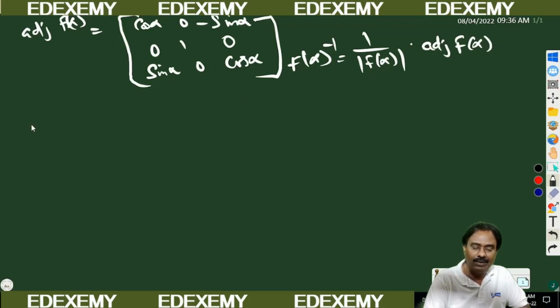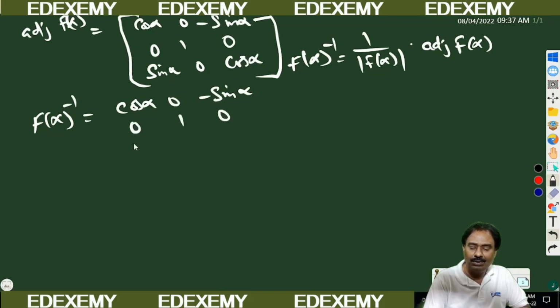Therefore, we have already calculated this f of alpha determinant value is 1. Therefore, 1 by 1 is 1. We can leave it. Therefore, the adjoint of f of alpha becomes the inverse of f of alpha. Cos alpha 0 minus sin alpha, 0 1 0, sin alpha 0 cos alpha.